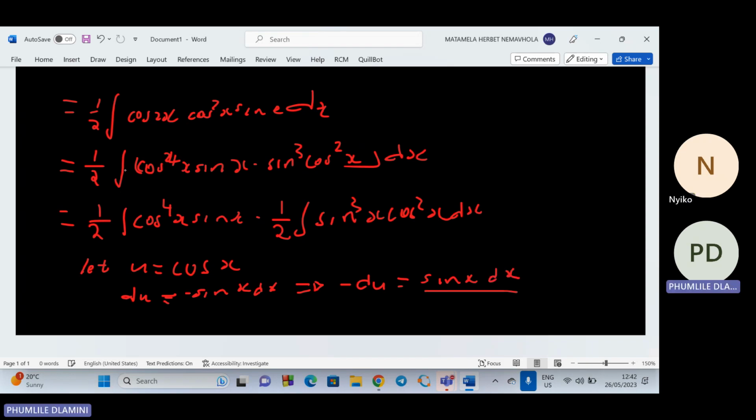And we have sine x dx here, just that we have to write dx there, I forgot. Sine x dx is there, which means you can substitute. Then we go back to this part here.